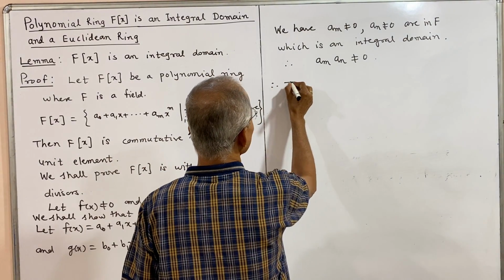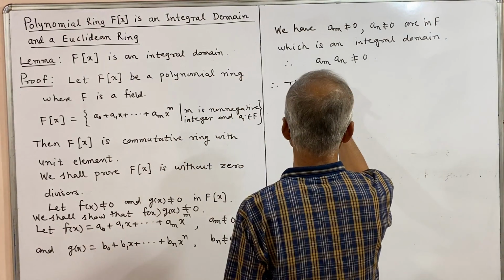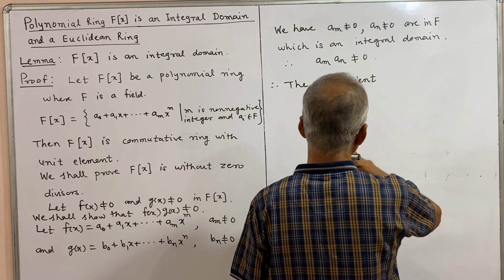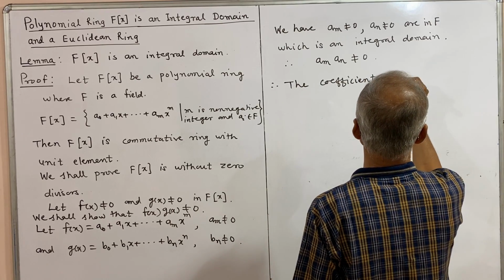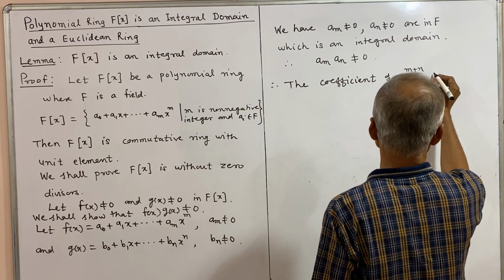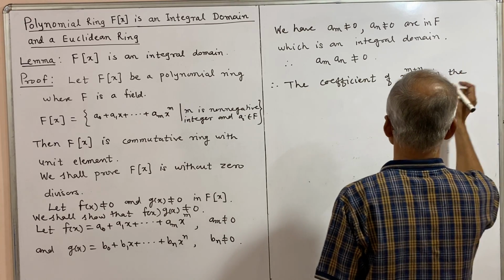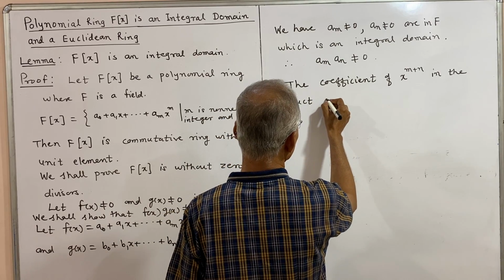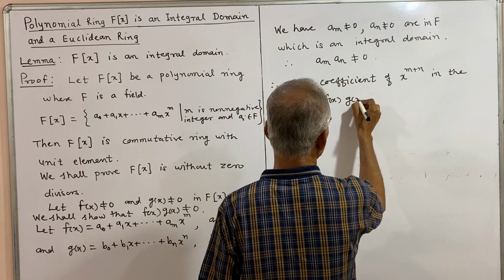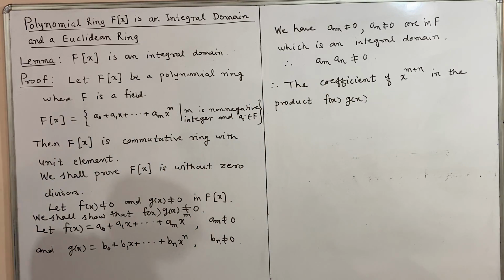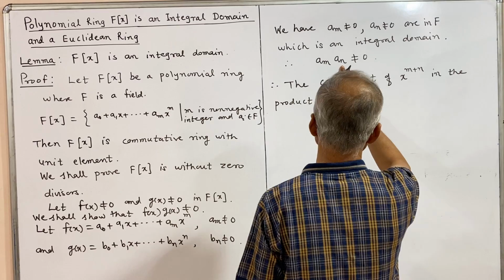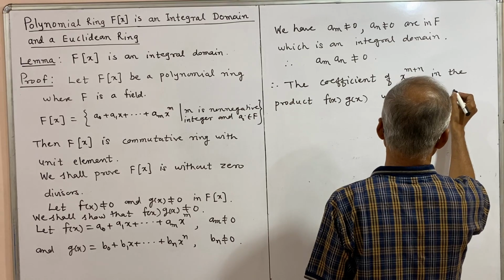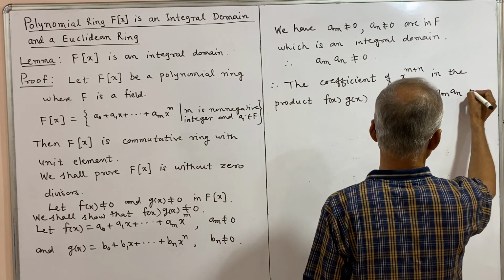Therefore the coefficient of x power m plus n in the product f(x) into g(x), which is a_m into b_n, is non-zero.